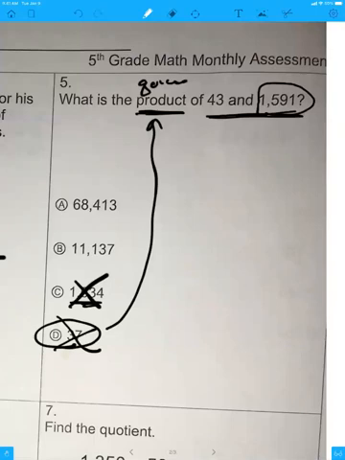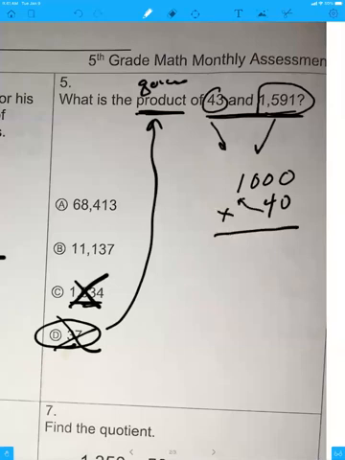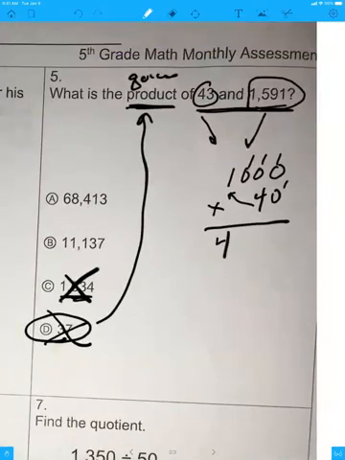Let's just say I round this number all the way down to 1,000. And let's just say I round this number all the way down to 40. And I multiply, and I know the 4 and the 1 is the 4, and then you can just count the zeros, right? There's 4 zeros. Oh, hold on, my pen's not working. 1, 2, 3, 4. Look at this.